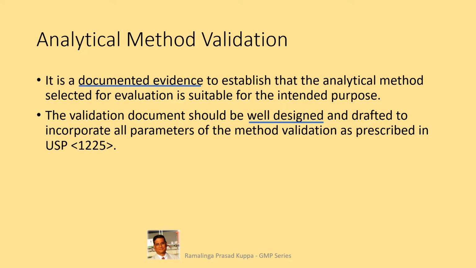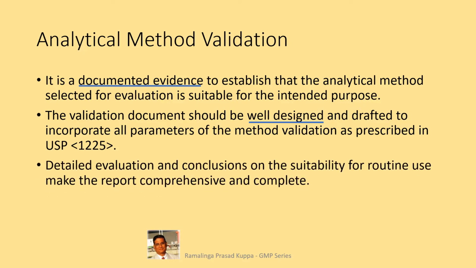Of course, the other two chapters, USP 1224 and 1226, are also important to make the understanding comprehensive. Detailed evaluation and conclusions on the suitability for routine use make the report comprehensive and complete.